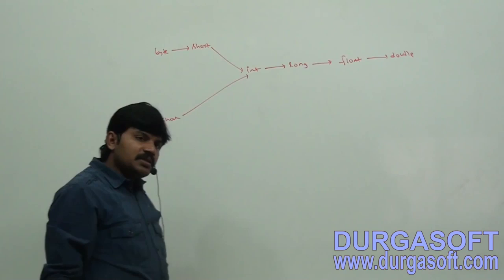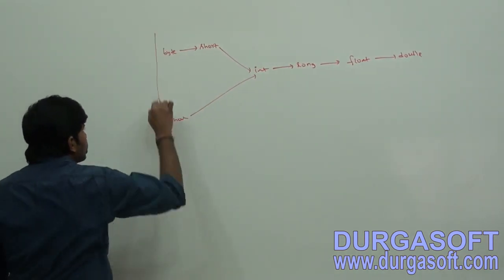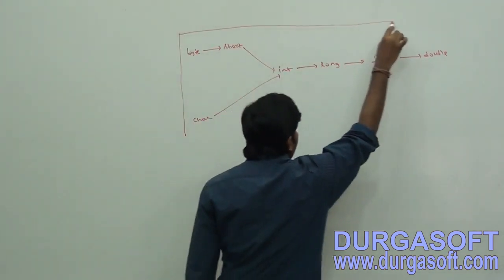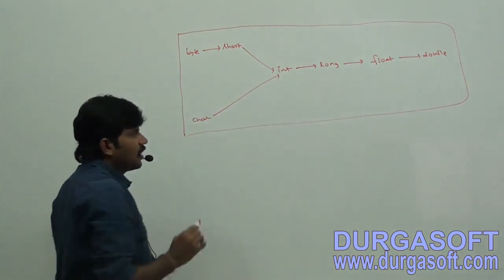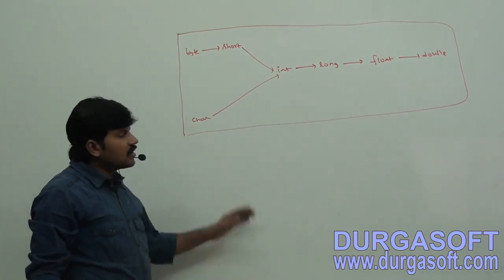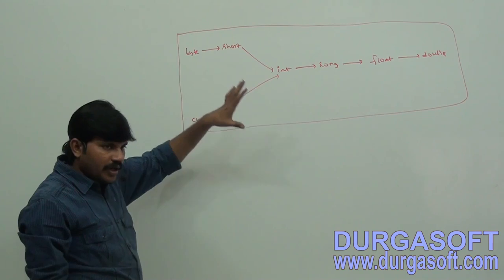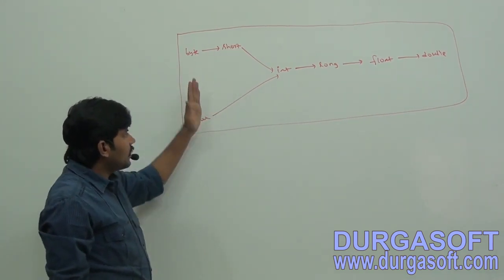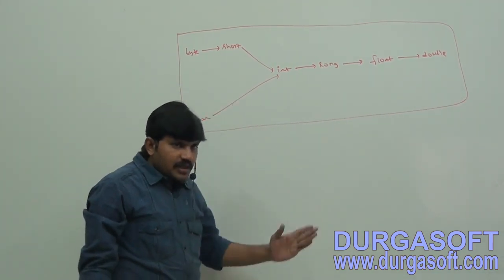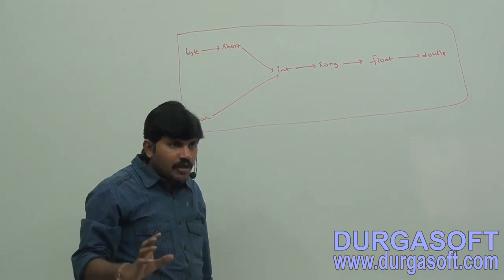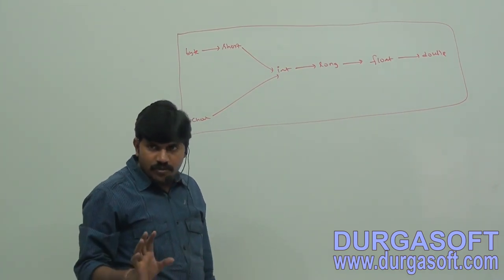These assignments, left to right, are always acceptable, no problem at all. So a lower data type value we can assign to a higher data type variable. Are you able to understand, right?